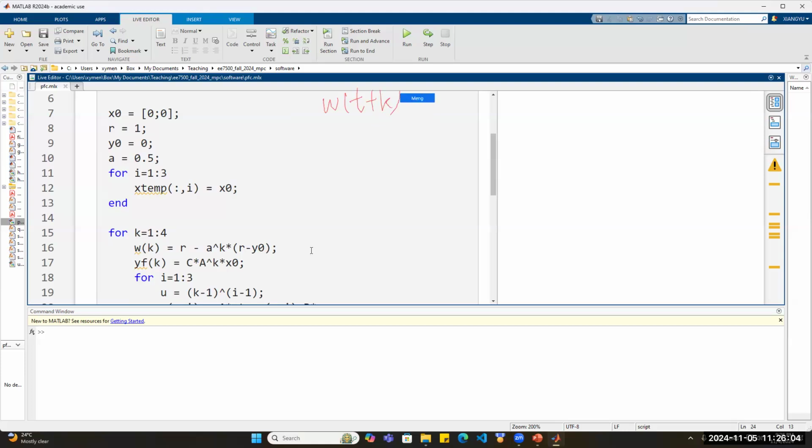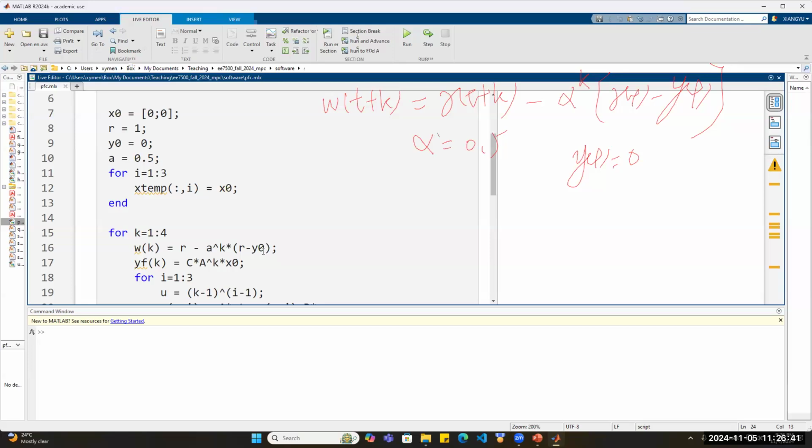So w(t+k) equals r(t+k) minus alpha^k times (r_t minus y_t). Here we choose alpha as 0.5; we use A to represent alpha. So we know at the current time t, y is 0.